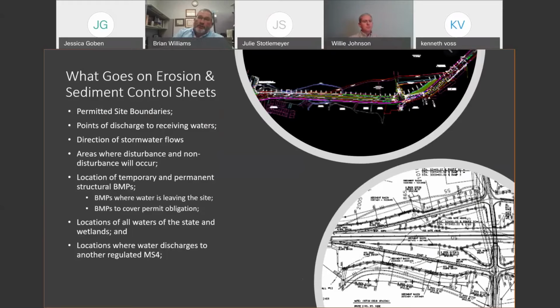Again, that's water that is directly discharged. If we're running water down a ditch adjacent to another MS4 community, but it's still on our right of way, we're not obligated to show that on our plans. But if we are dumping water directly into a facility that is owned by a regulated municipal separate storm sewer system community, we're obligated to show and mark that on our plans. So those are all permit requirements.